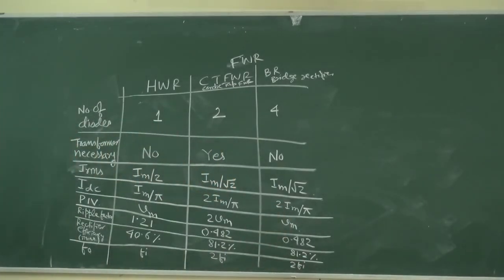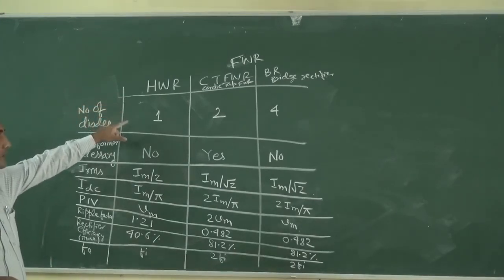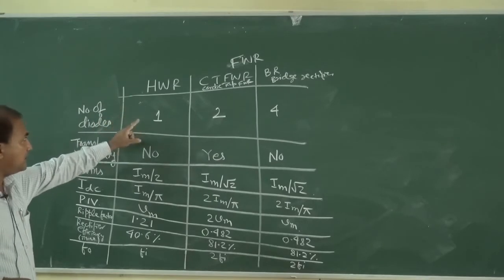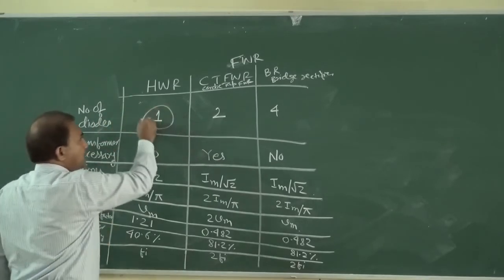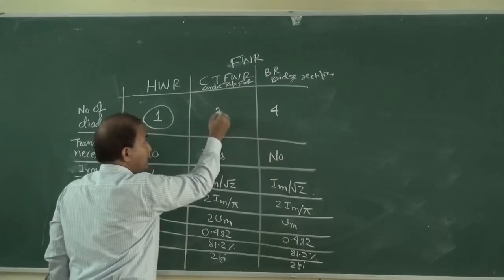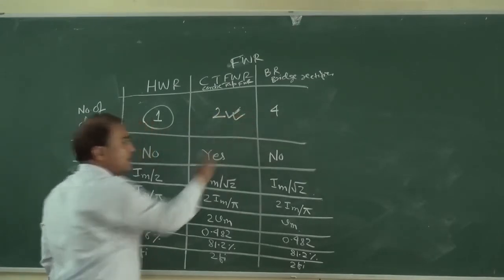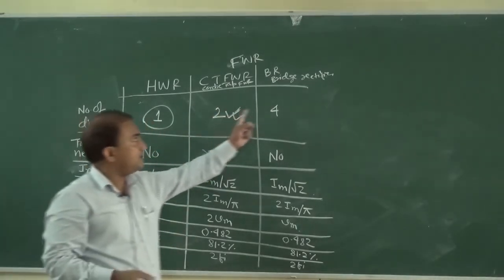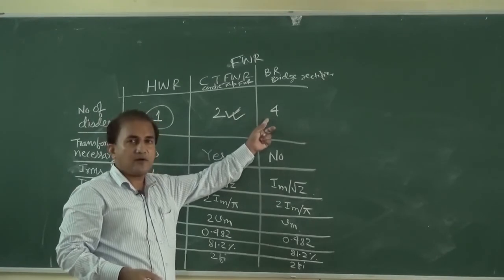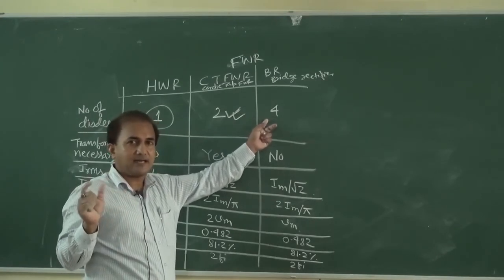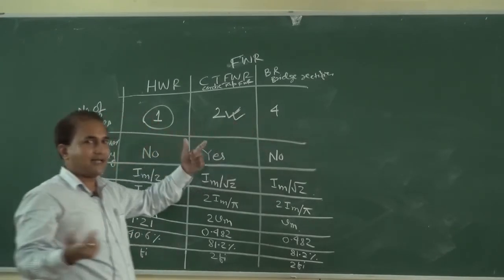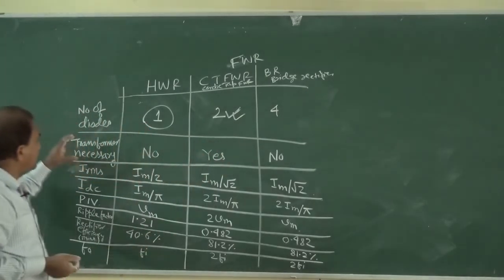So we can see in case of half wave rectifier, the number of diodes used is 1, whereas in case of center tap full wave rectifier, 2 diodes are used. In case of bridge rectifier, 4 PN junction diodes, or crystal diodes, are used.